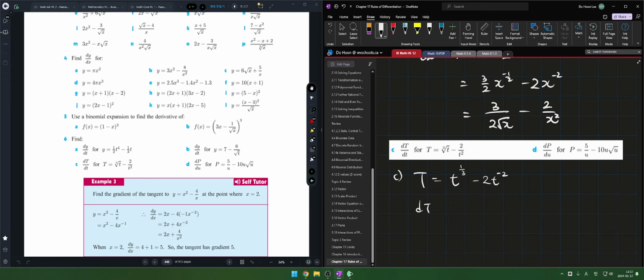Easy. dT over dt: 1 over 3 goes down. t to the power of 1 over 3 minus 1 is negative 2 over 3. Minus 2 times negative 2 times t to the power of negative 2 minus 1, negative 3. This will be 1 over 3 t to the power of negative 2 over 3, plus 4 times t to the power of negative 3.